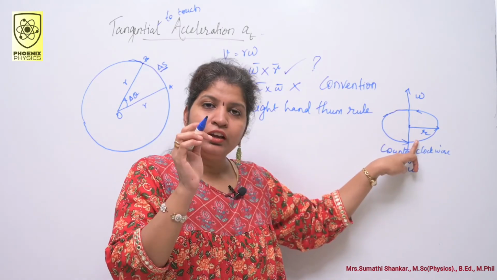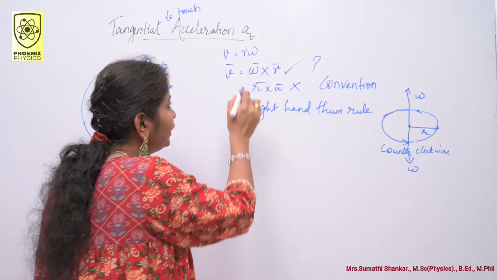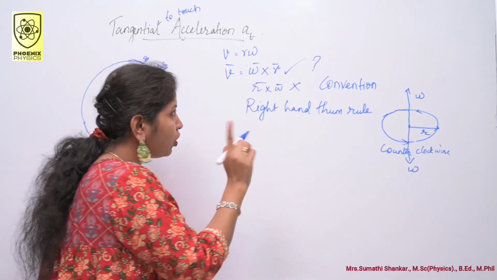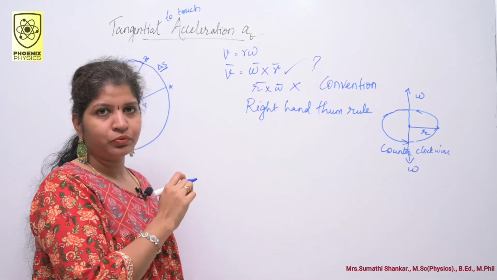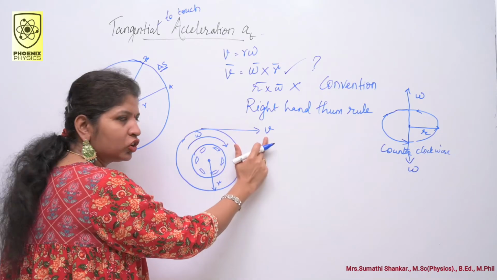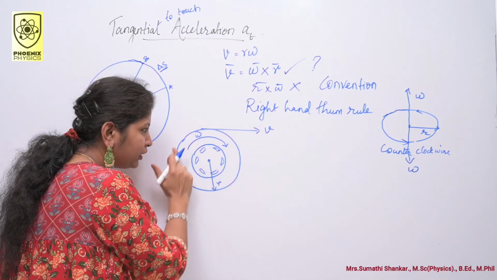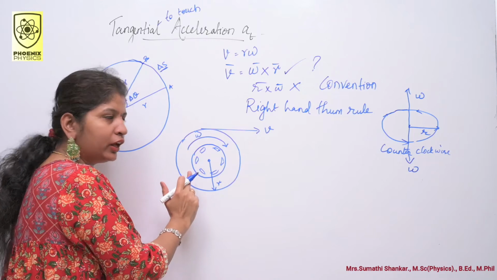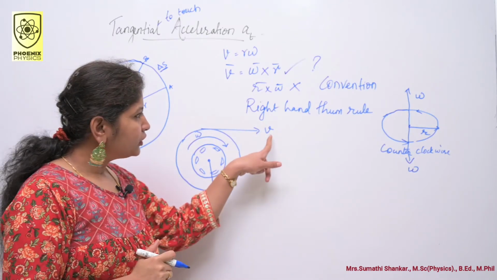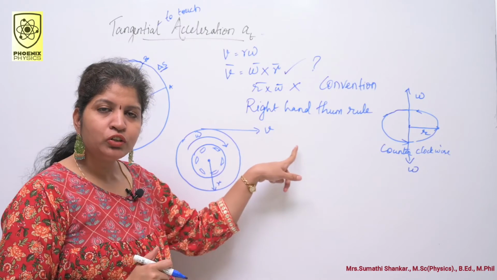That is why we are writing v is equal to omega cross r. You should not write r cross omega. For example, a car is moving with the velocity v and the tire is rotating with the angular velocity omega. Here this v is tangent to the circle.